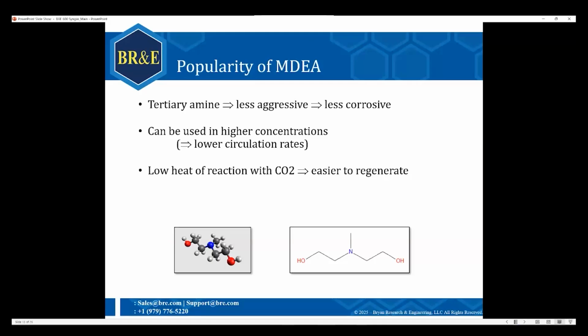This lowers the circulation rates and reboiler duty requirements as well. MDEA also has lower heat of reaction with CO2, so regeneration is also easier and less energy demanding compared to the other amines.